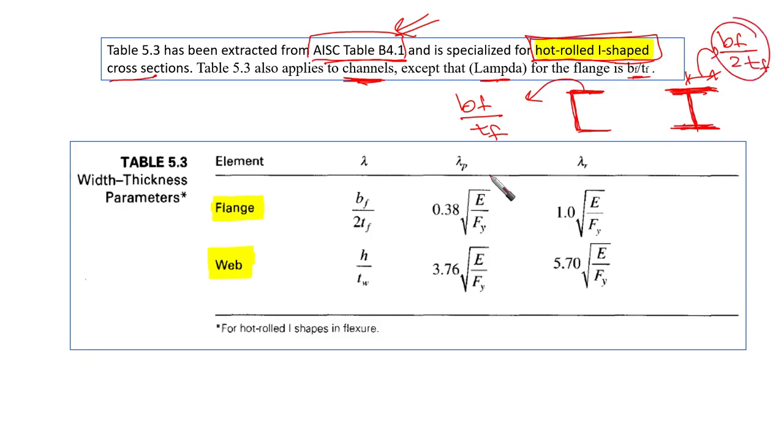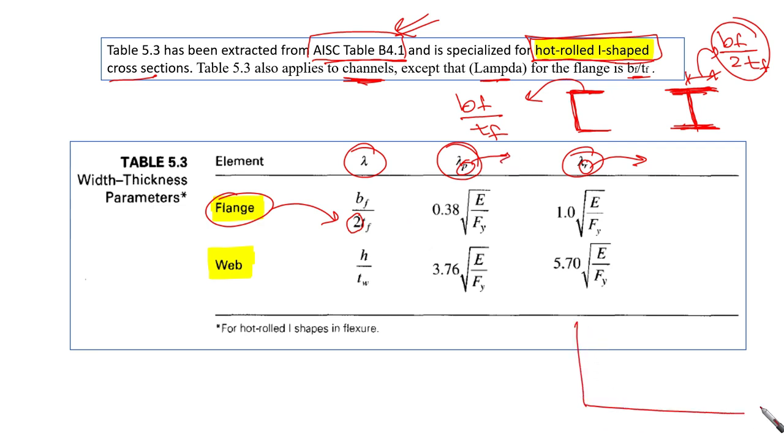This is the common thing whenever we're talking about the flanges. So this is lambda, this is the upper limit for compact, and this is the upper limit for non-compact. R is related to the proportional limit, and P is related to the plastic limit.